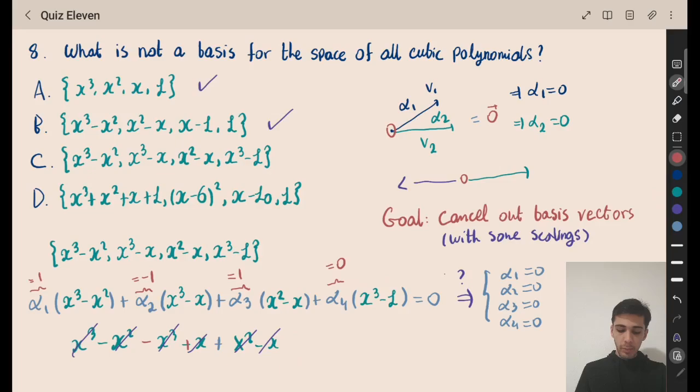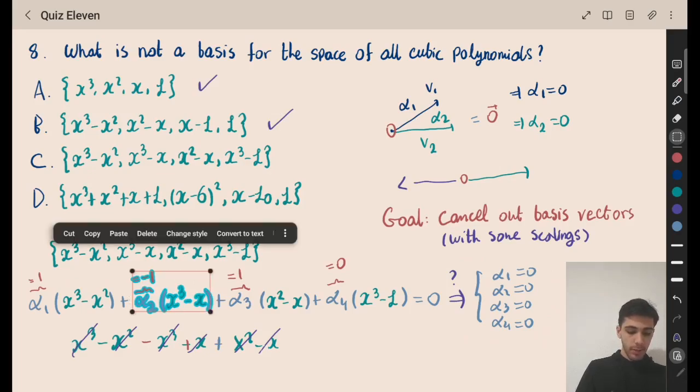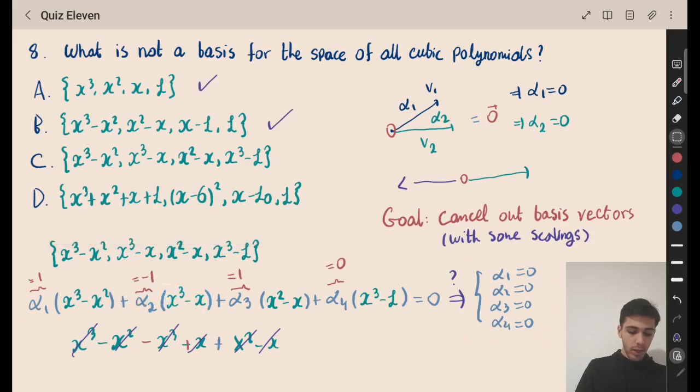So the implication is really strictly saying that all coefficients must be equal to 0. But if there are some vectors that cancel each other out, then this is completely fine. By the way, what this is really telling us is that x cubed minus x is equal to x cubed minus x squared plus x squared minus x.